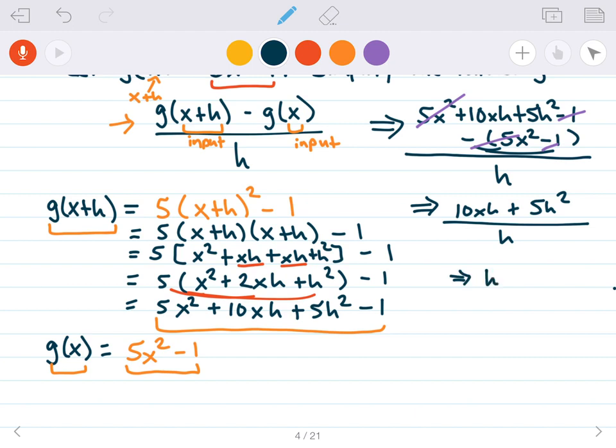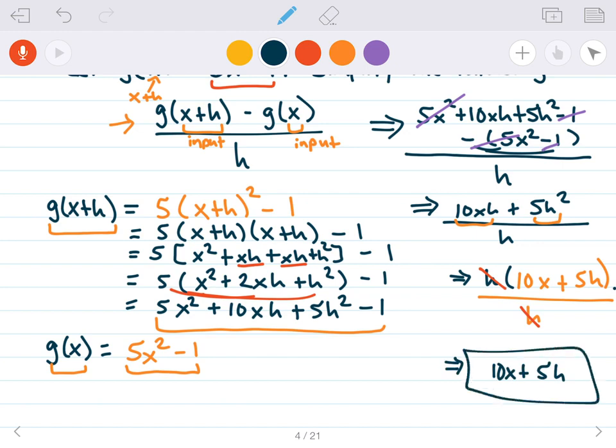If I pull out an h, which means I divide both of these guys by h, what I have left on the inside is 10x plus 5h over h. And the last thing we can do is divide out these h's. So my final answer, simplified, is 10x plus 5h. This is my final answer here.